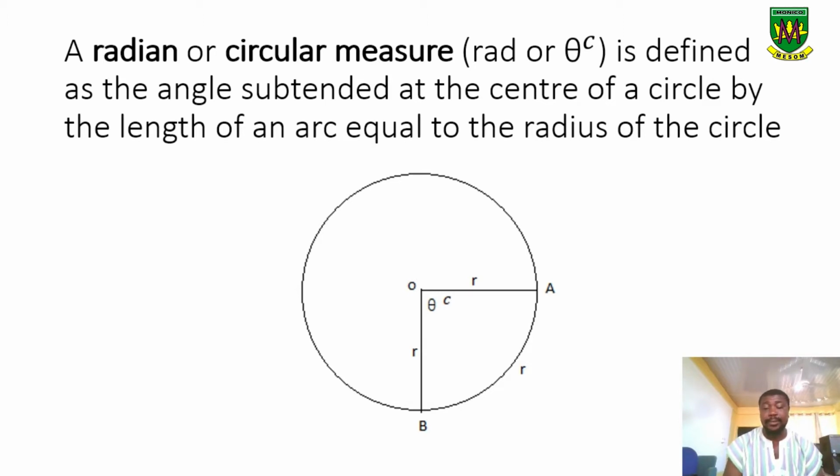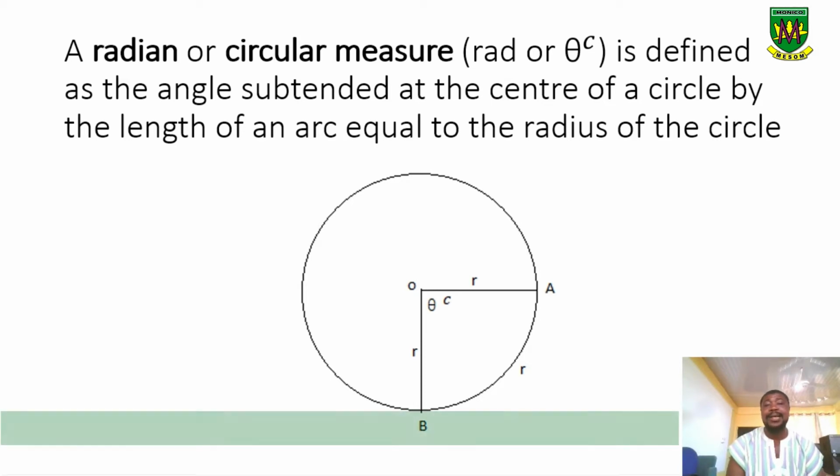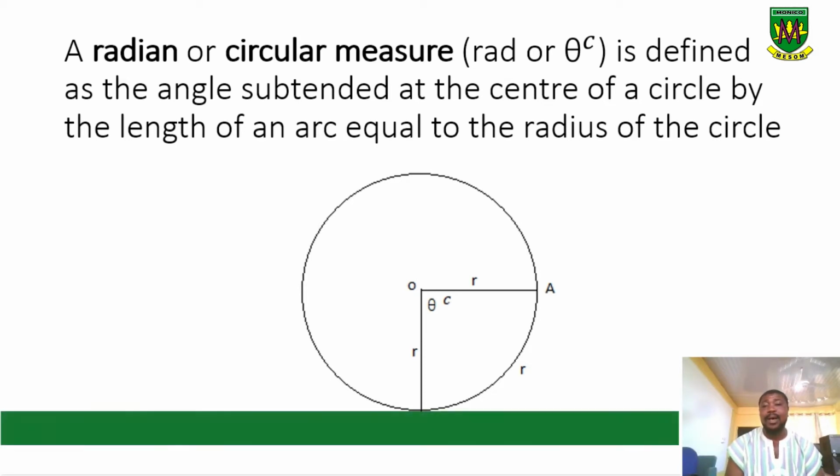Now, by definition, a radian or circular measure, in brackets ARD, we are using ARD as radian, or theta exponent C, because circular is the same as radian, is defined as the angle subtended at the center of a circle by the length of an arc equal to the radius of the circle.